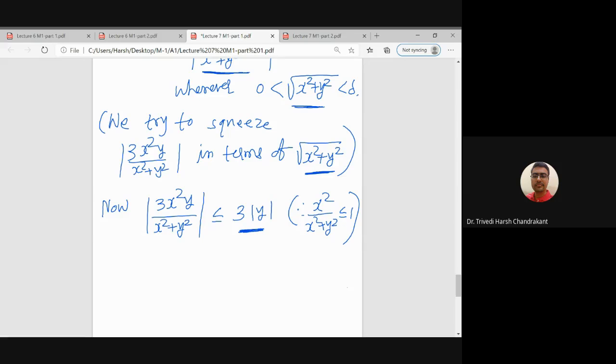So what shall we do is, we know that again using the same quantity, y square is less than or equal to x square plus y square, right?